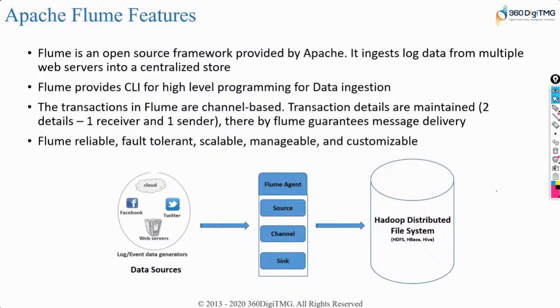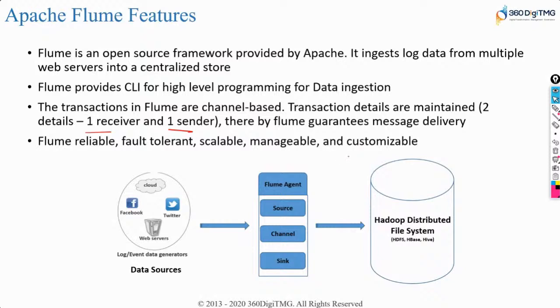The transactions that we are seeing in Flume have reliable sources. They clearly monitor the transactions happening in these two channels. The transaction details it maintains are for the generator, that is the data sender or source, and also the information on the receiver: where does it get stored.